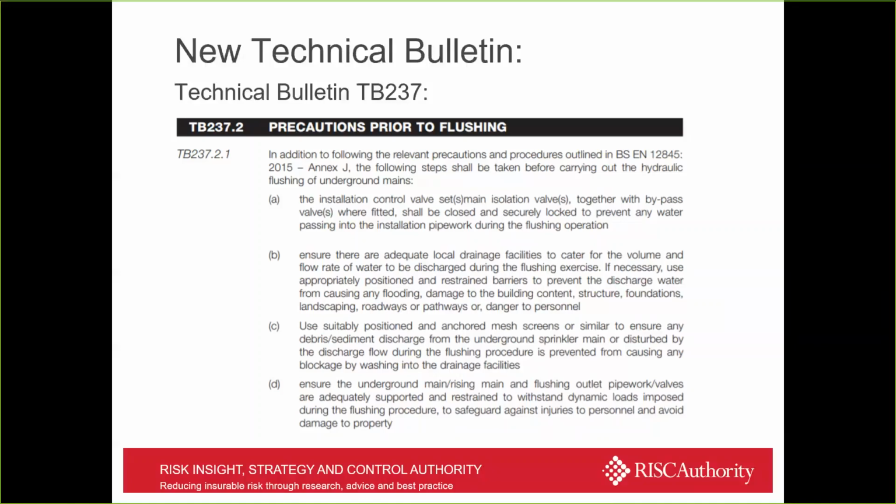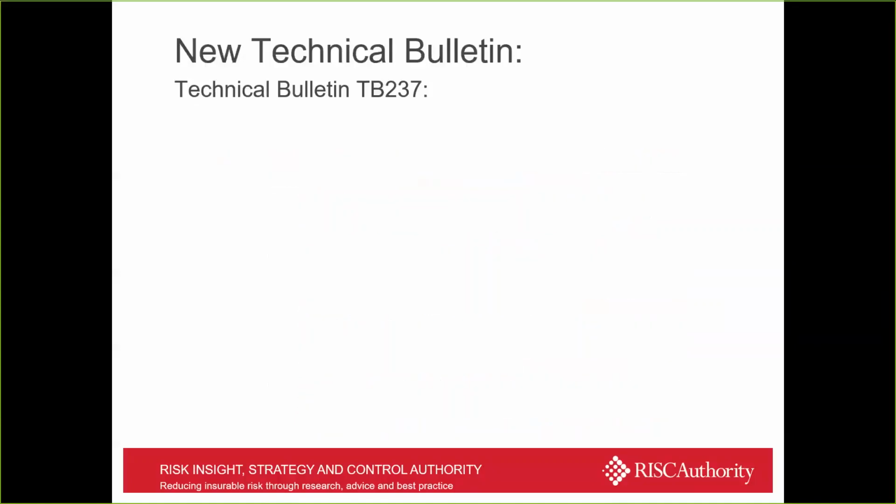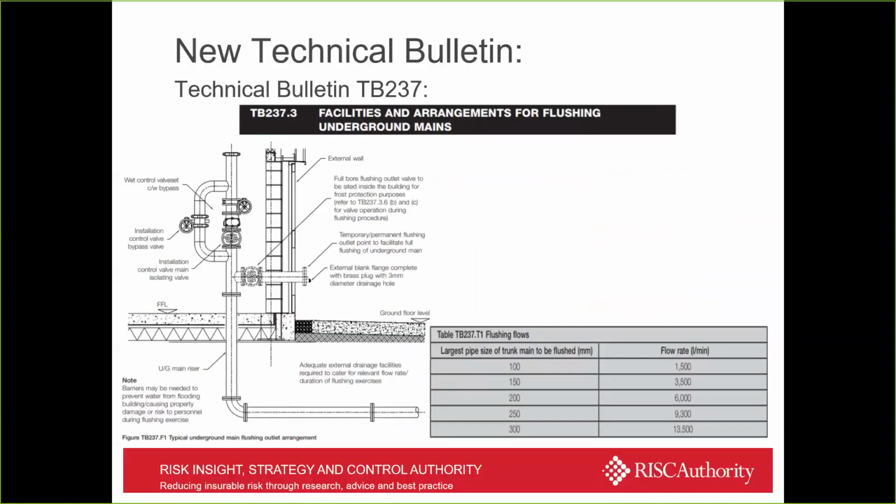And then we're also saying ensure the underground main, rising main and flushing outlet valves are adequately supported so that they are anchored properly when the flushing exercise takes place. We're showing there just one example of what might have to be incorporated to produce the outlet for your flushing exercise.